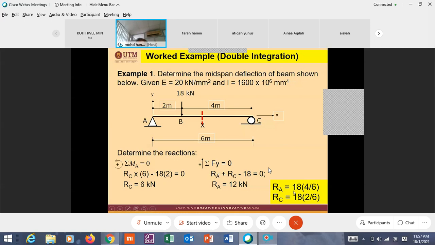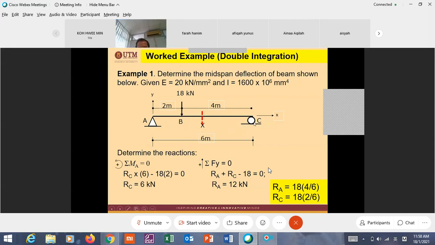I have given this formula during the last topic on thrust. RA equal to 18 multiplied by 4/6. What is 4/6? The longer segment divided by the total span.